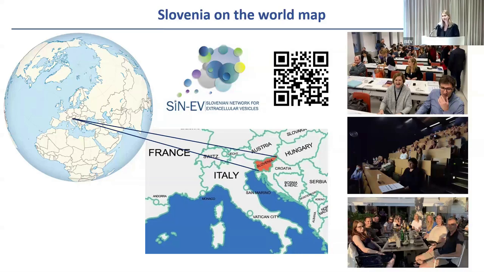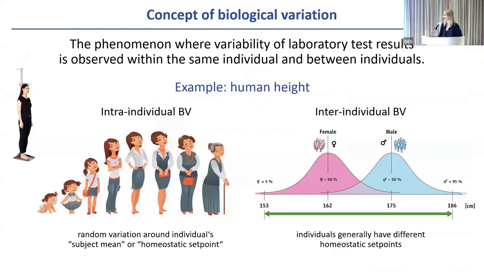But now to the important topic, the biological variation. This is a phenomenon where there is variability of laboratory test results within a person or between individuals. Take a very simple example, human height: during our lifetime, our height changes.